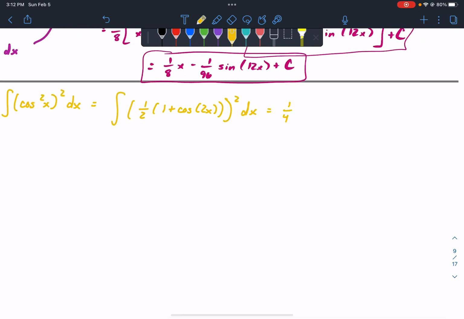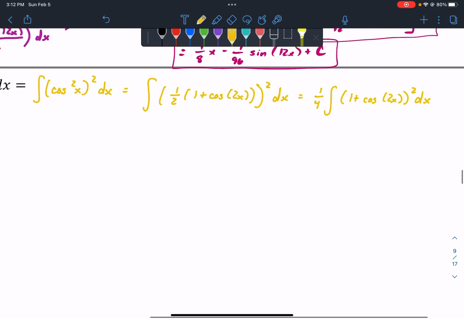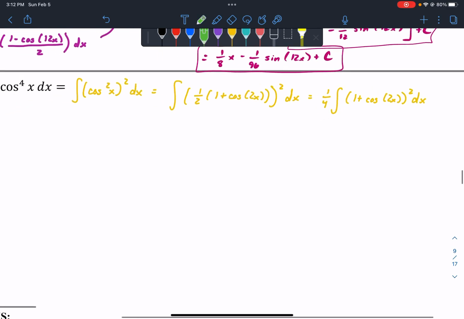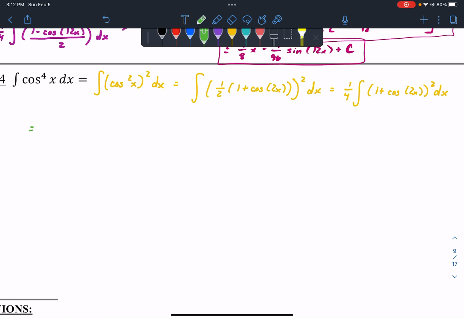I'm going to pull the 1/4 out, and now I have (1 plus cosine of 2x) all squared. Now, because that's 1 plus cosine 2x times 1 plus cosine 2x, I end up with a double distribution situation. So I'm going to write that as 1/4, and then I'm going to integrate.